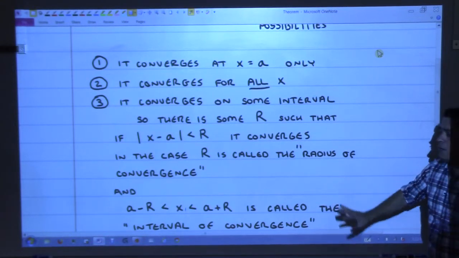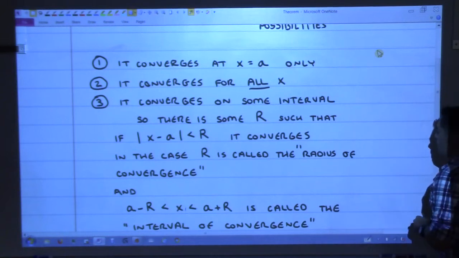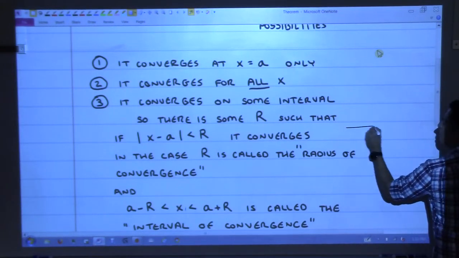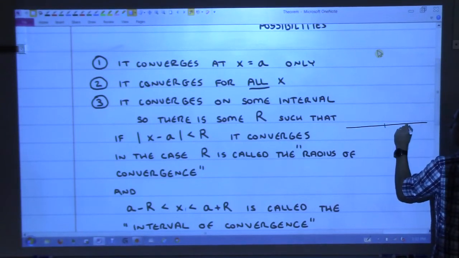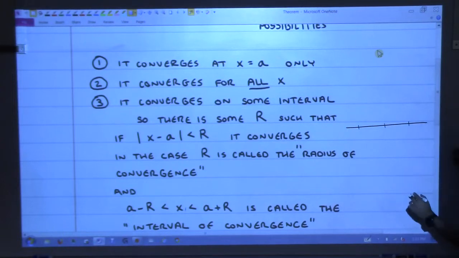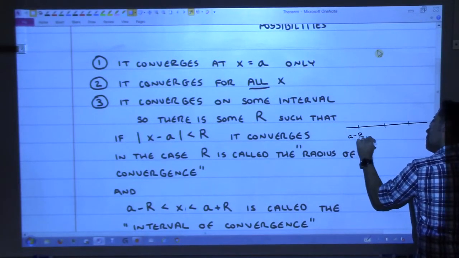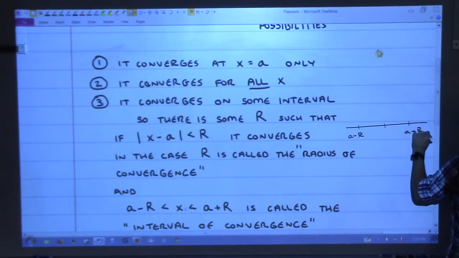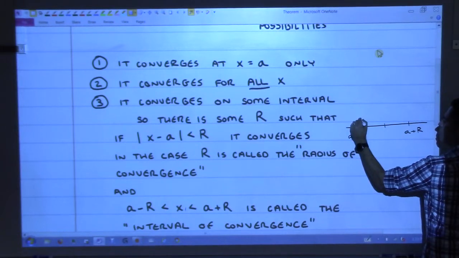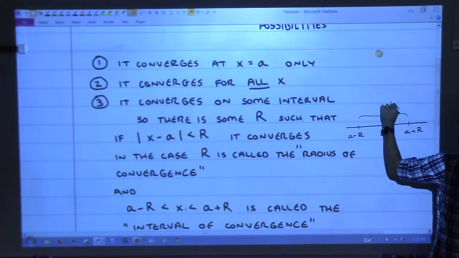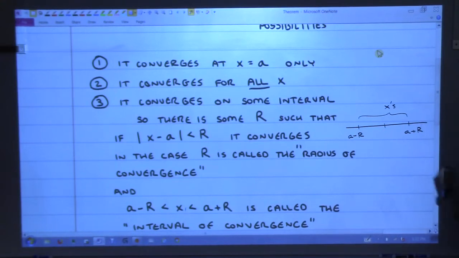But what we're saying is that on a number line, your x's that are valid can come from anywhere in this interval. So there's some number a in the middle.